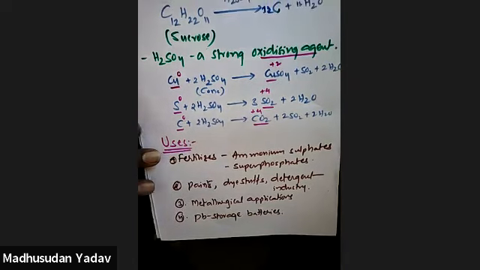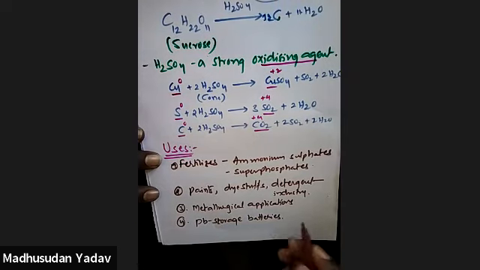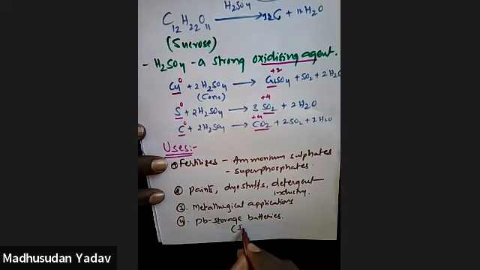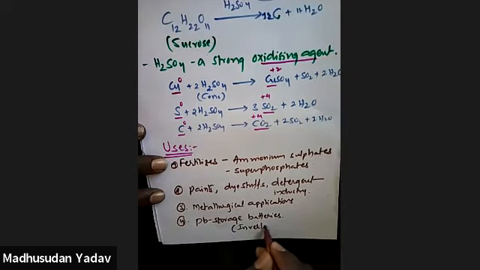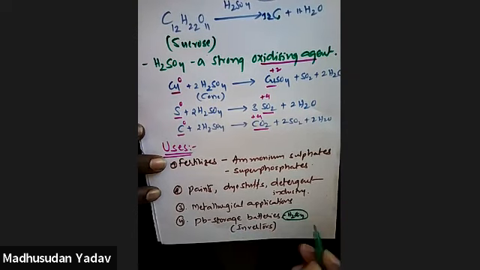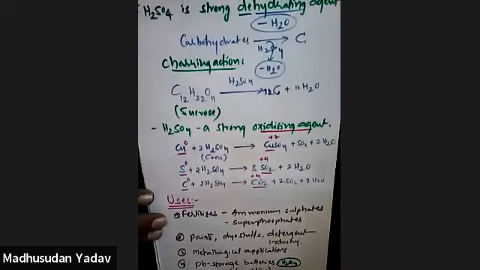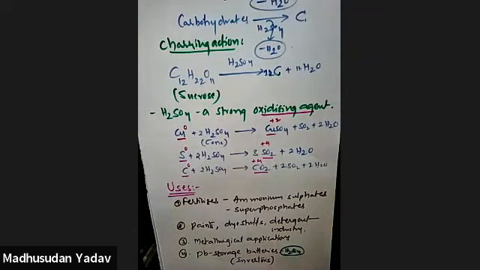Sulfuric acid is used in lead storage batteries, which are secondary batteries. The main example is inverters used at home, which generally have sulfuric acid along with lead oxide electrodes. So this is the use of sulfuric acid.